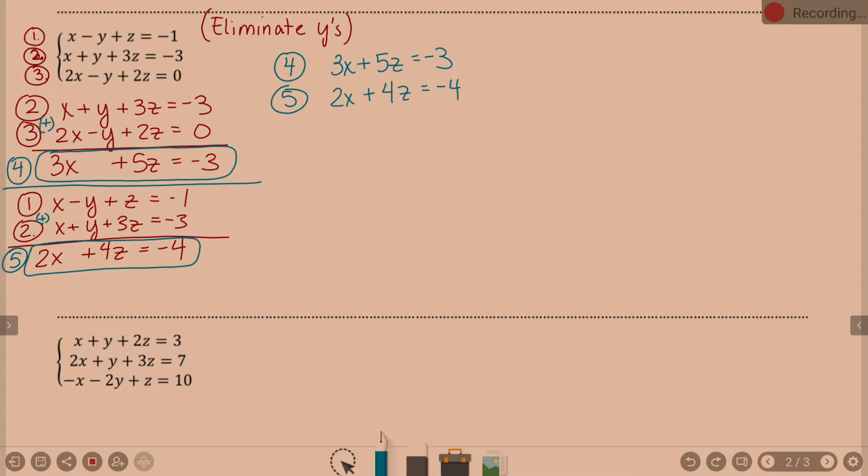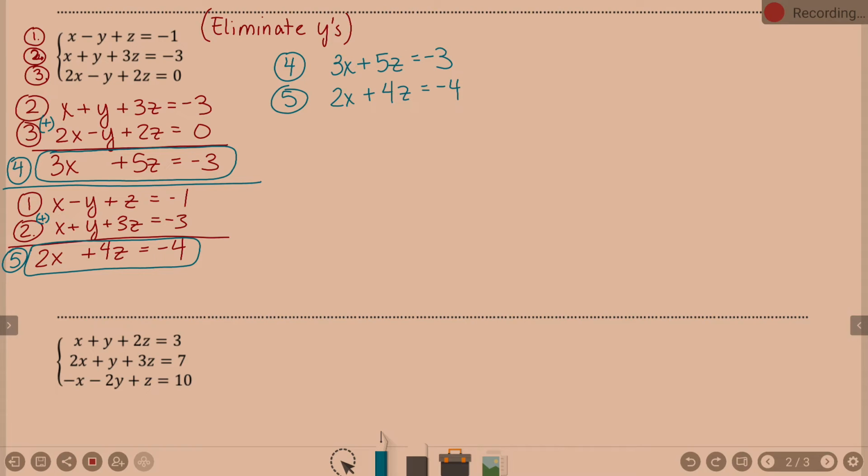In order to eliminate x's or y's, is there something neat that we can just add as is? No. So that's where the multiplying step comes in. We can either make 3x and 2x both turn into 6x, or we can make 5z and 4z turn into 20z. But your job now is to eliminate another variable. I guess you guys are leaning towards x's?